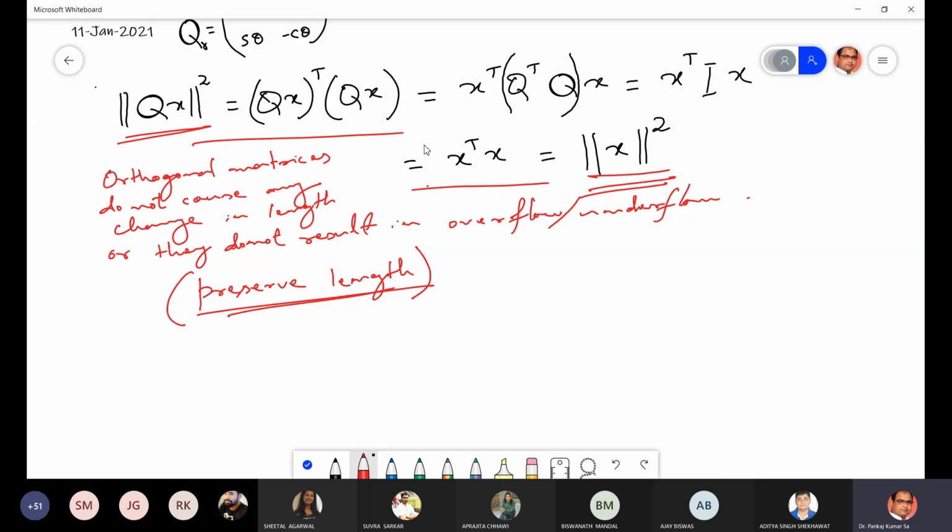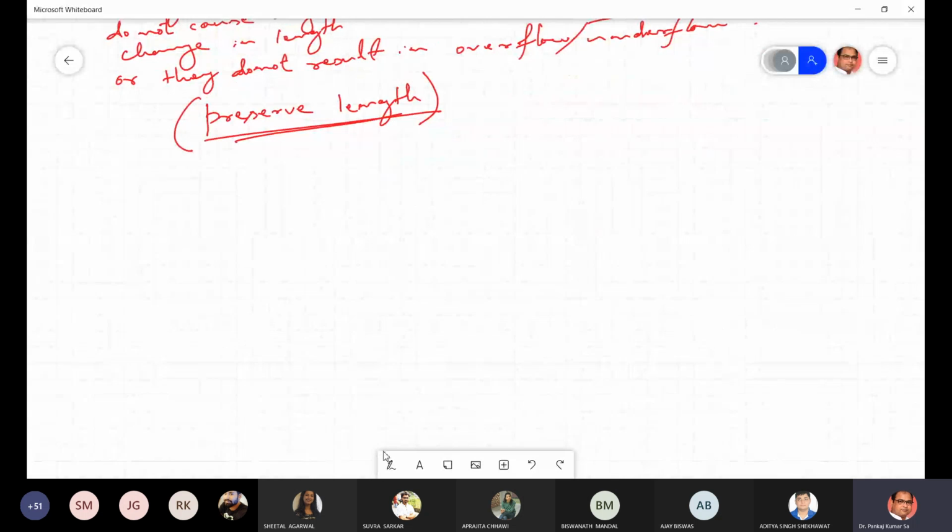So we talked about orthogonal matrices. One of the generic orthogonal matrices, I mean this reflection matrix, is the Householder reflection.